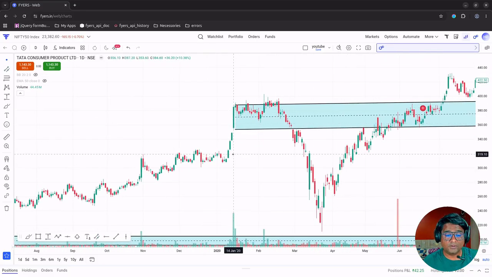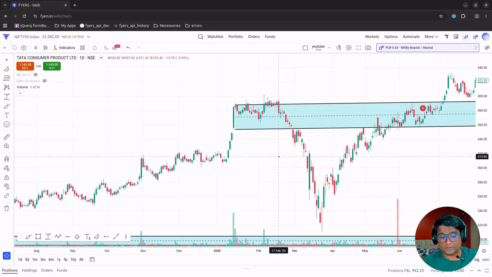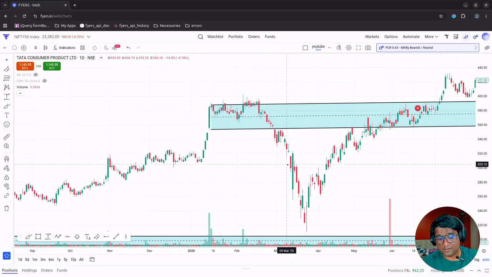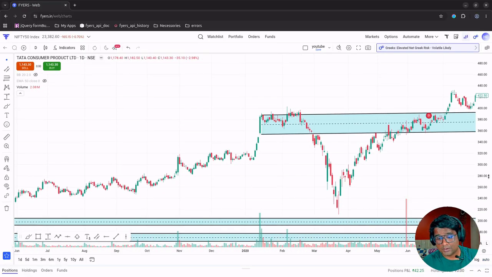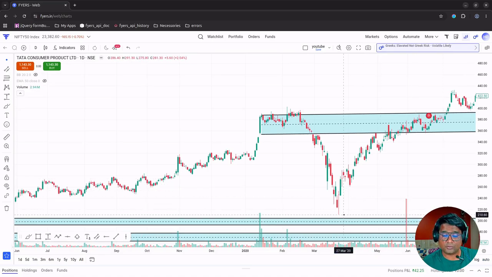This kind of acts as an exhaustion candle, and along with that complemented the COVID fall, and the price fell right below, took the support just above the previous demand zone, and it rallied.